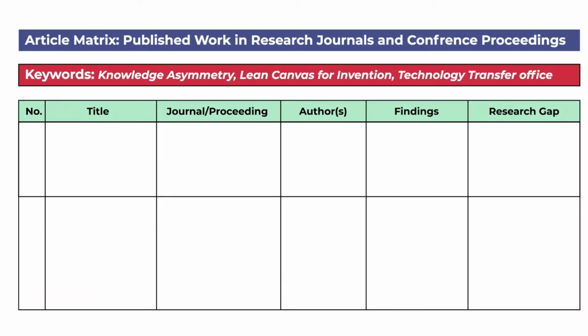Now, this article matrix has certain columns and certain rows. It starts with a keyword search. And if you remember, in template number 4 we already learned how we can select and choose the appropriate keywords for our research. Using those same keywords, we can move further in order to fill the article matrix. How will we fill this article matrix?